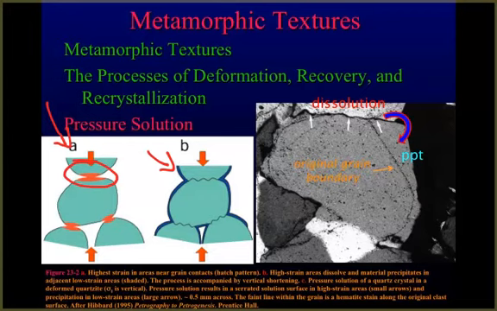And in a real rock, that might look like the dissolution plane there, and then new growth of quartz on the outside. And you can see there's the outline of the old grain that gives you evidence for this process.